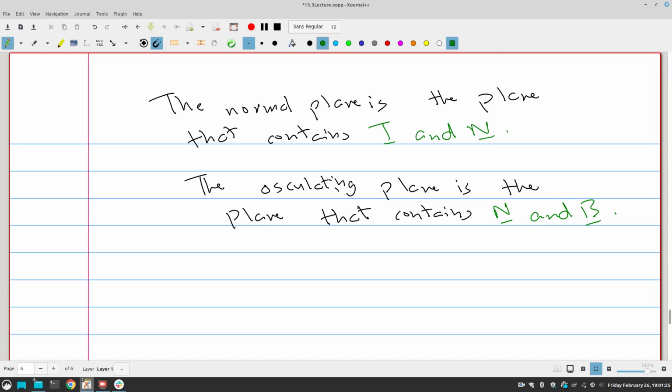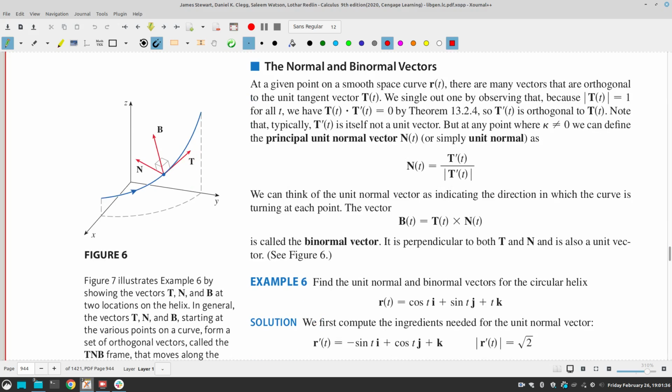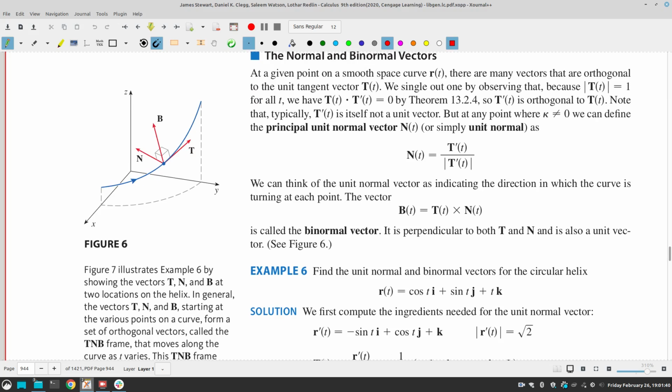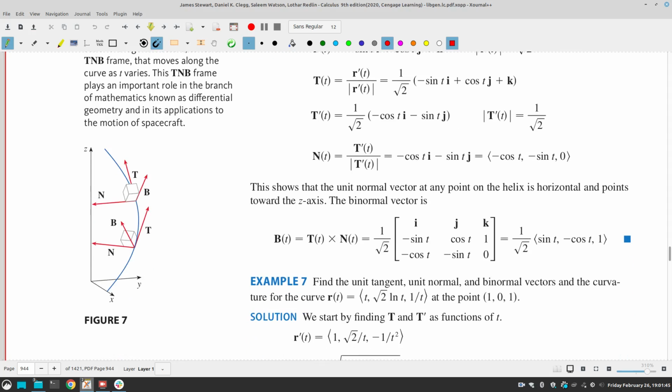So for example, instead of drawing this, let me just show you the figure from a textbook. So this is a TNB system: tangent, normal, binormal. So at this point, this is the tangent, this is the normal, this is the binormal. At some other point the tangent is different, and hence the normal and the binormal are both different.